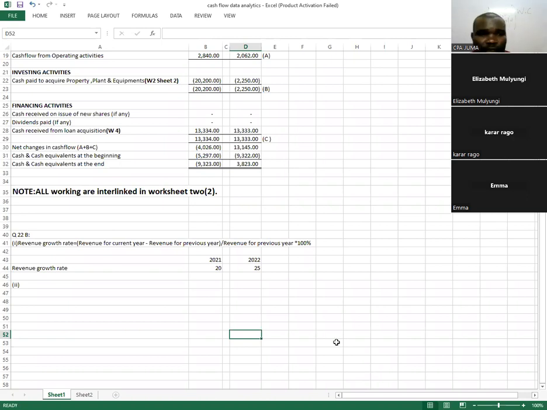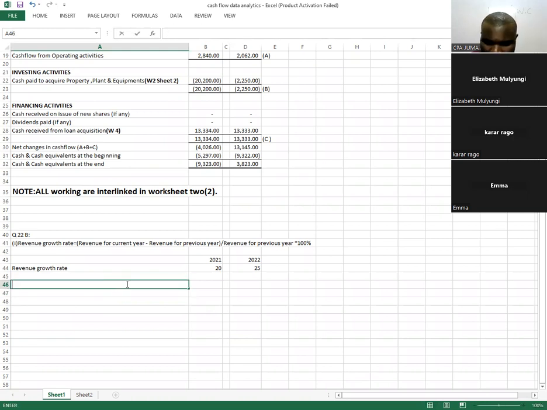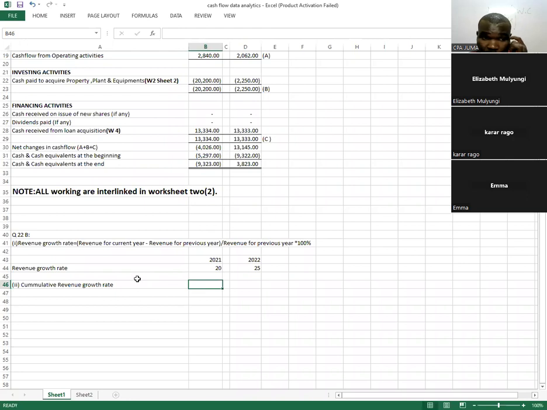So the cumulative revenue growth rate will be, instead of disturbing myself, I need to copy.